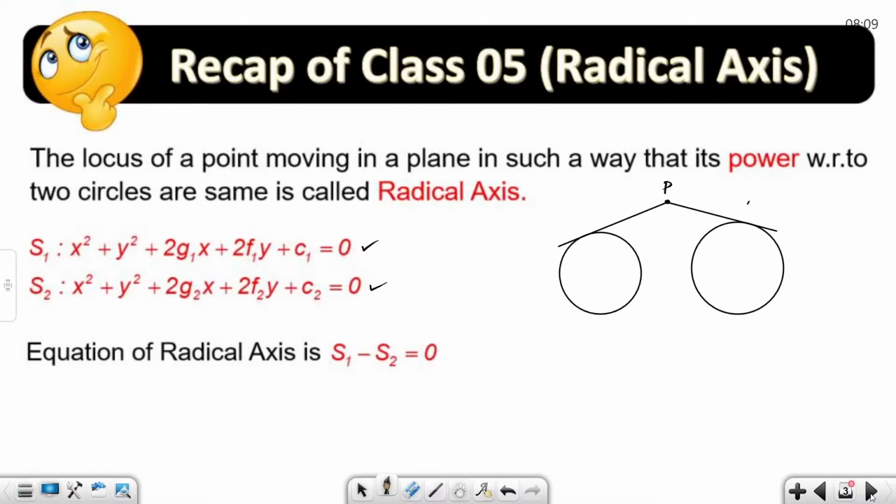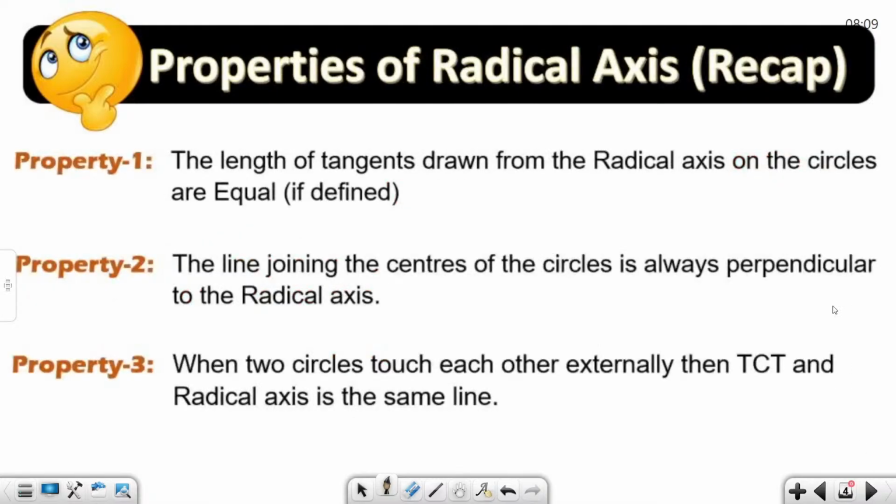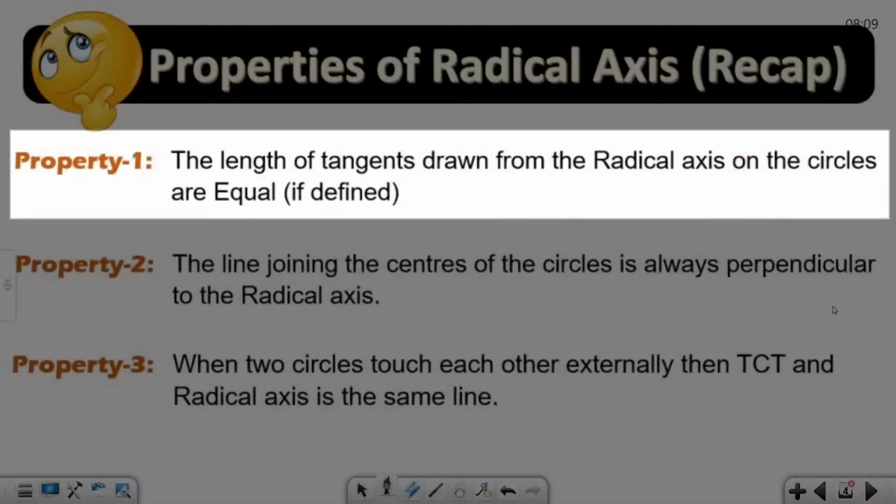Then we have discussed the properties of the radical axis. The first property was that the lengths of tangents drawn from the radical axis to the circles are always equal, as the power of the point is equal, that is S1 equals S2.